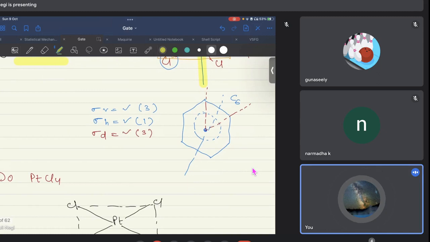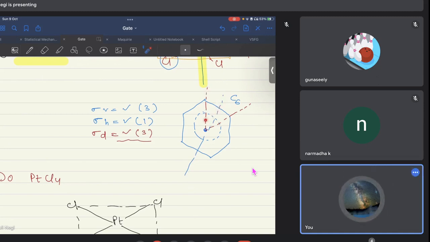Again for benzene, as I have shown you in sigma d, there was a sigma d present in benzene. So it was like this. This was the plane which was reflecting the molecule and the point, and this was called sigma d. It was dihedral. Why?